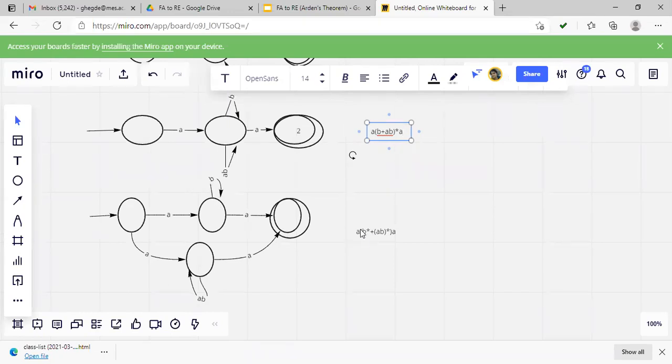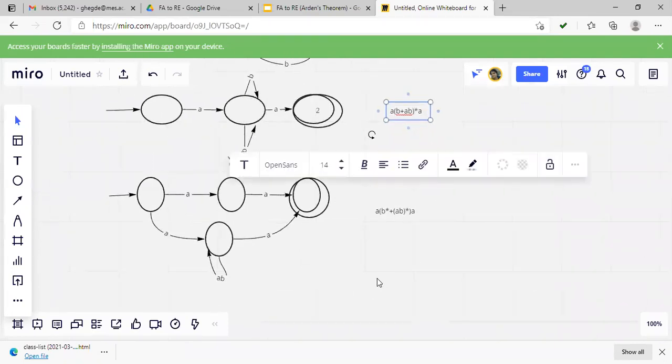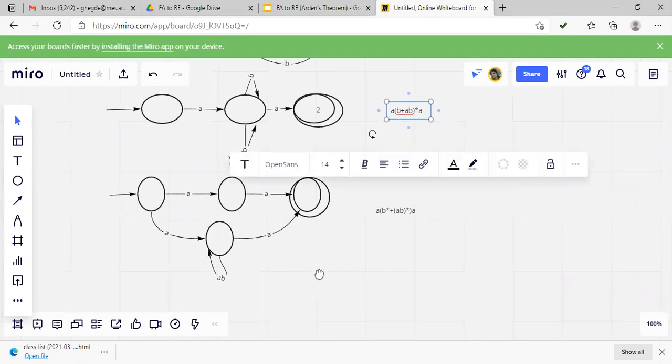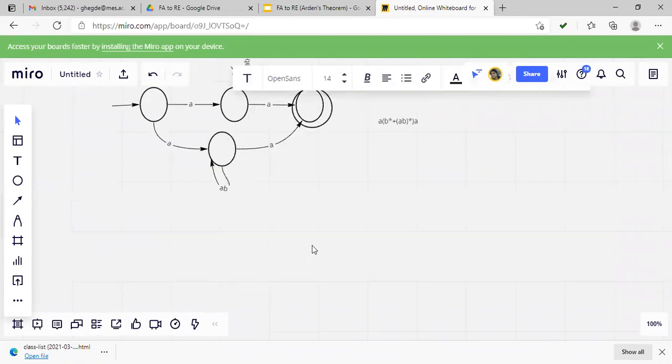Okay, so this will be the answer for this and this will be the answer for this finite automata. Okay, if you got this, we'll move on to the next example. Is this clear? Any doubt in this example, students? Shall we move on to the next one?